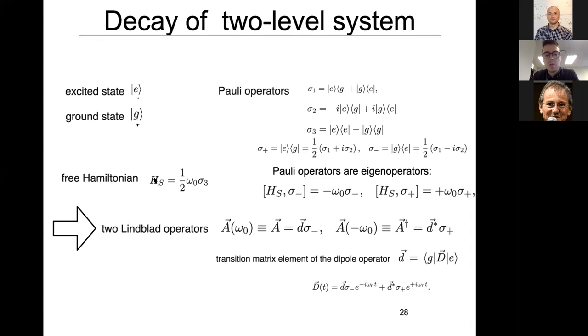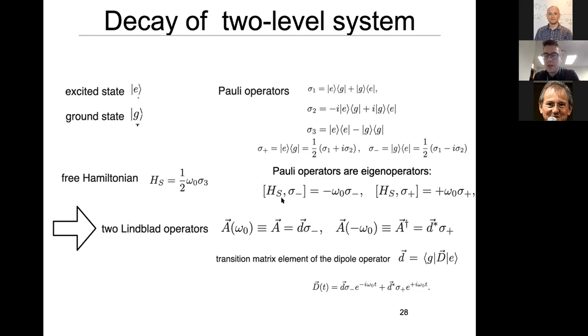We assume that for our two-level system, the open system Hamiltonian is written in the following way, and this parameter omega naught defines the energy separation between the excited and ground states, the states represented by G and E. And importantly, these lowering and raising operators, sigma minus and sigma plus, are eigenoperators of our open system Hamiltonian, in the sense that you can show they satisfy these relations.